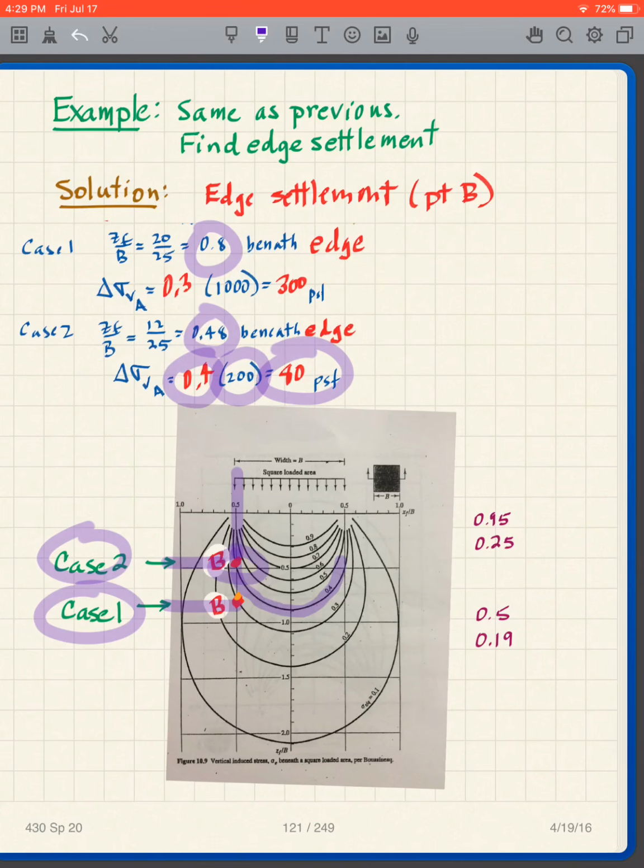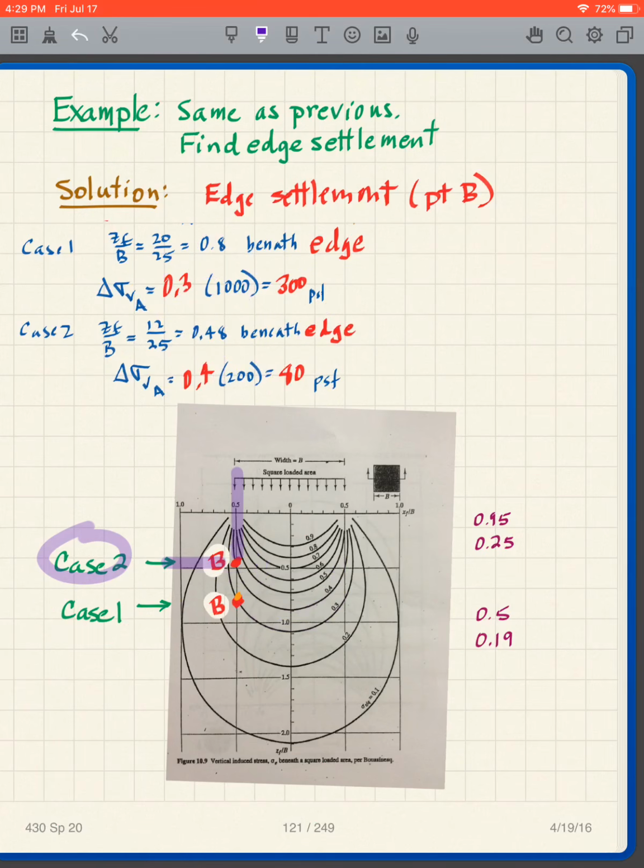And for case 1, I'm on the 0.3 contour, so it's going to be 0.3 times 1,000, which gives us 300 for our change in stress.